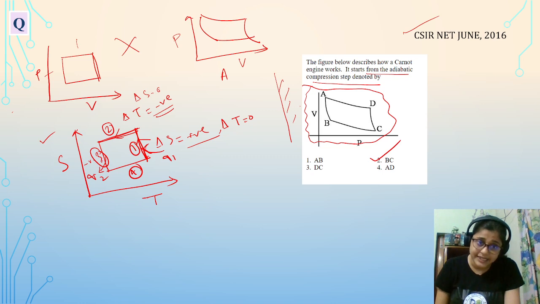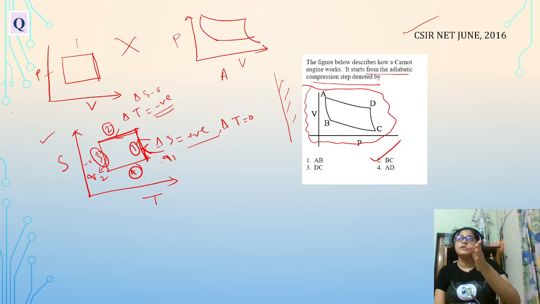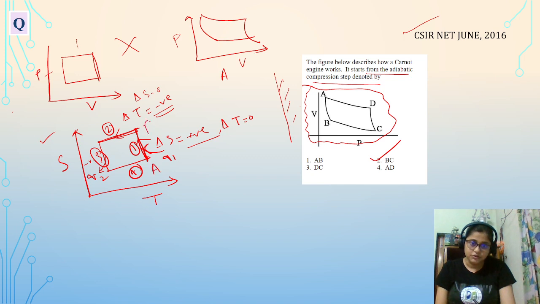If you remember the first two steps, you have to arrange what is the beginning point of this graph. Beginning point means where the isothermal reversible expansion is going on. Okay, so this graph will be from A, B, C like this. Here it is given delta S is positive and delta T is 0. Fine.